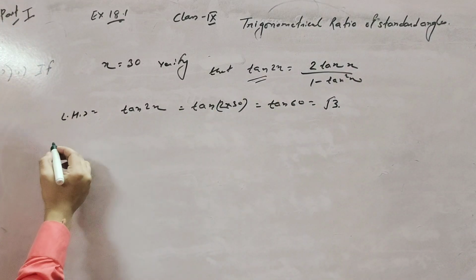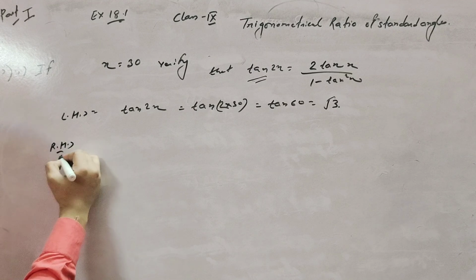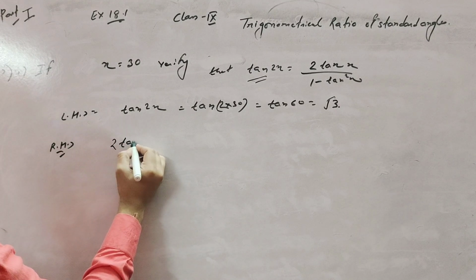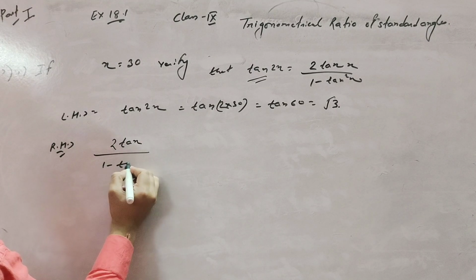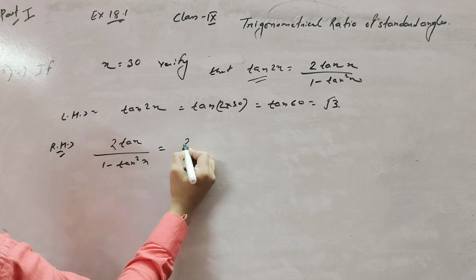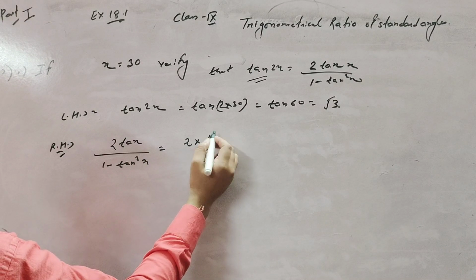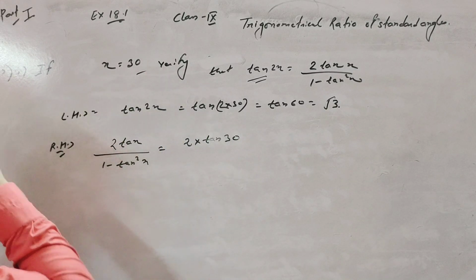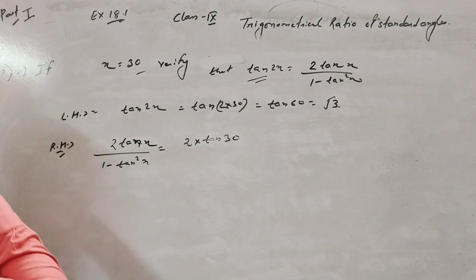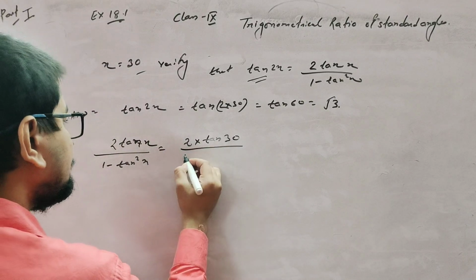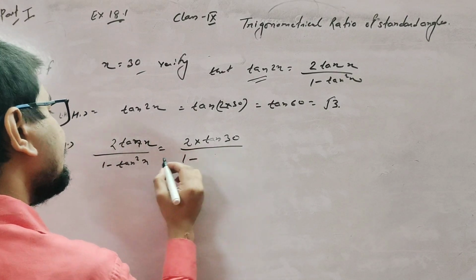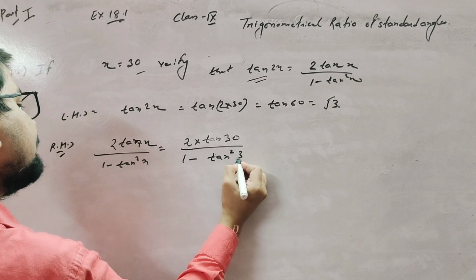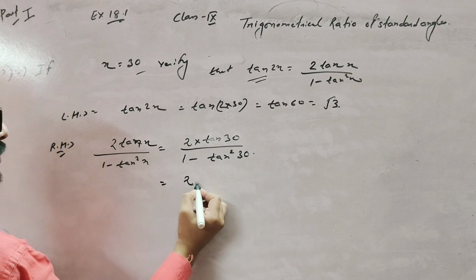Okay. Now time for RHS. What is written in RHS? 2 tan x by 1 minus tan square x. 2 tan x, that is tan 30, because x value is 30. 1 minus tan square, in place of x we write 30.